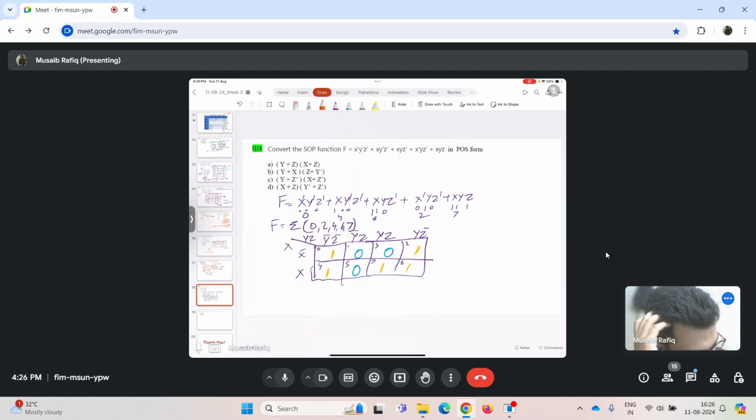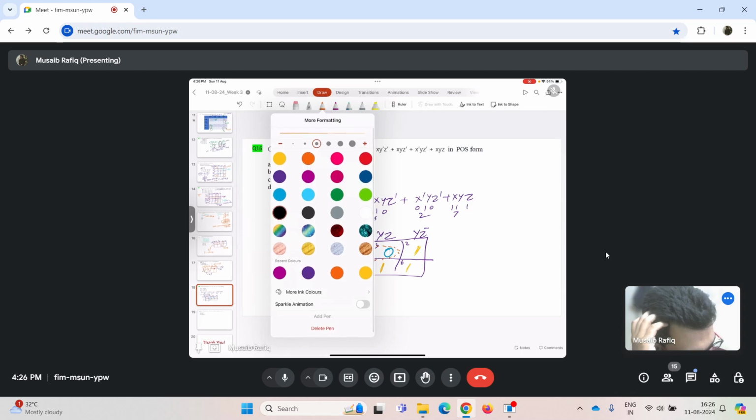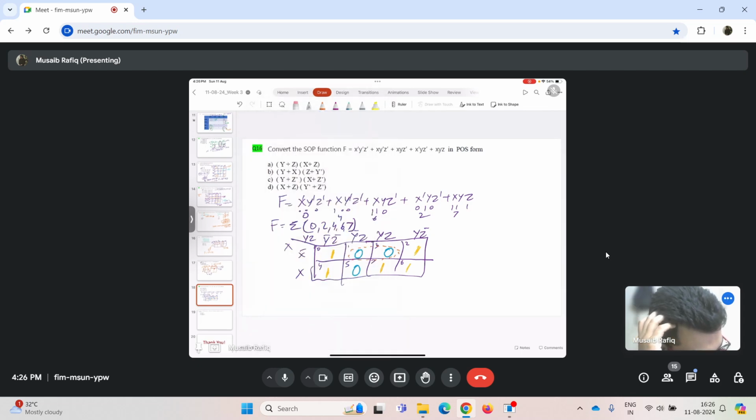Now I'll make the pairs out of this. So one pair I can construct like this. Another pair I can construct like this. Another pair I can construct like this.